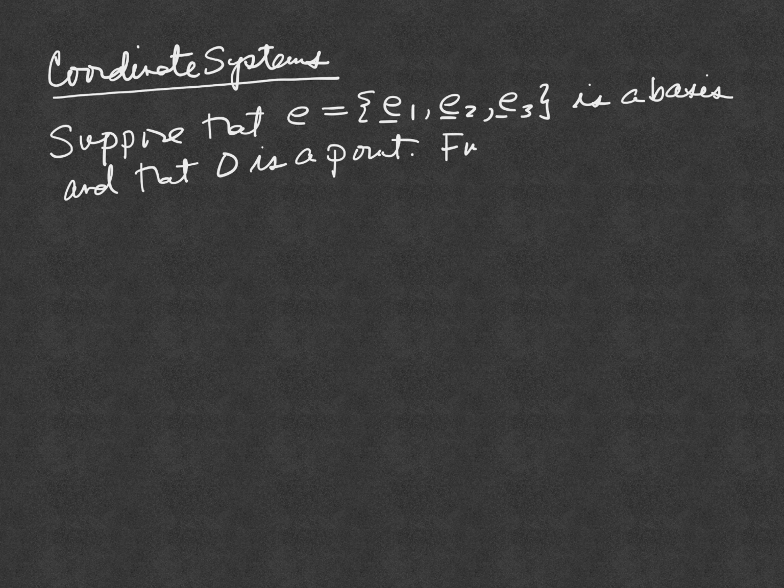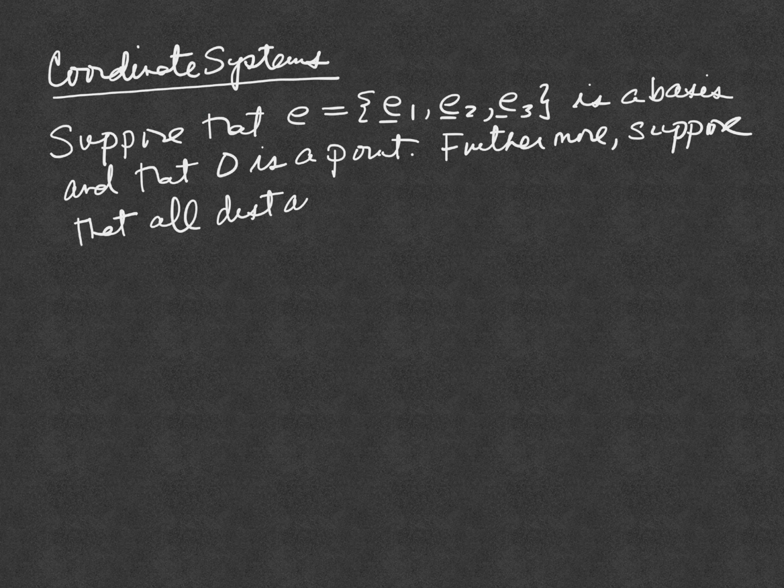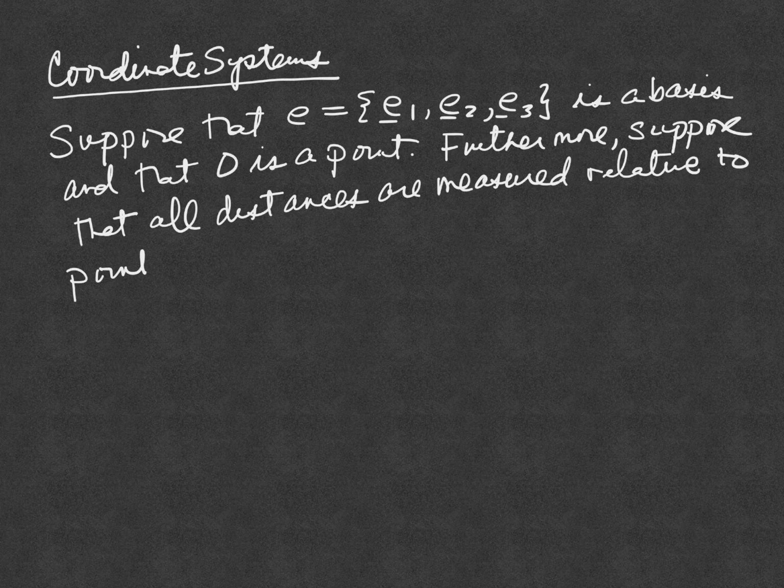And furthermore, suppose that all distances are measured relative to point O. What does that mean? It means that if I'm saying something has a particular distance, that distance is being measured relative to this point O.